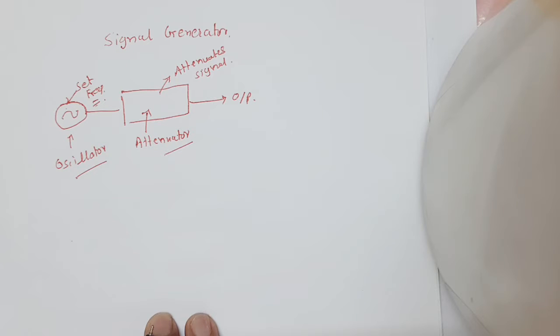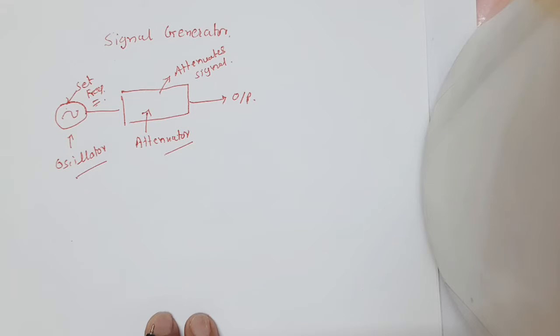So from the main RF oscillator one signal is coming, the other signal is coming from the modulation oscillator, and in the wideband amplifier the modulation takes place and we get the output. This generated output is given to the attenuator. We attenuate this signal and give it to the output metering circuit. This is our standard signal generator, our first lecture.